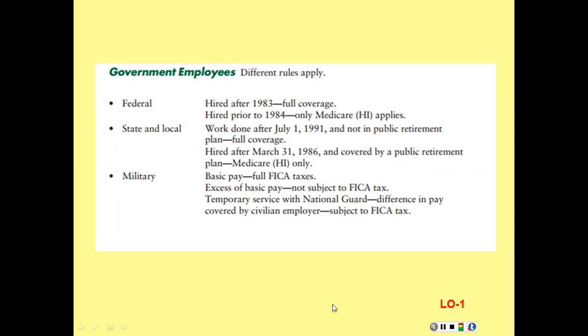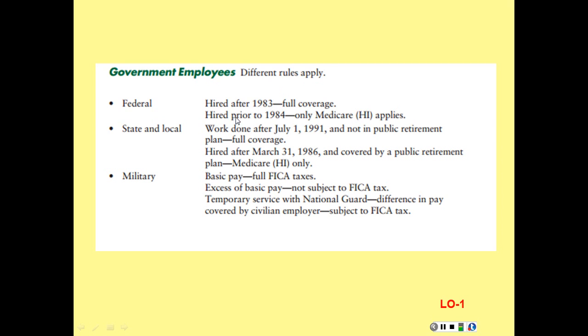Back to government employees that are exempt. I mentioned that it is a surprise to many of us that government employees are not under Social Security as a rule 100%. Some are, some aren't. At a federal level, if you're hired after this date, you are under the system. Okay? They changed it in 1983.